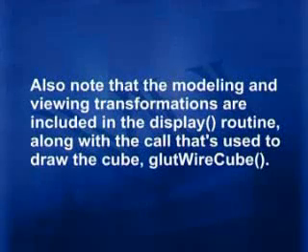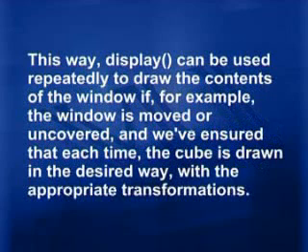Also note that the modeling and viewing transformations are included in the display routine, along with the call that's used to draw the cube, glutWireCube. This way, display can be used repeatedly to draw the contents of the window if, for example, the window is moved or is uncovered, and we have ensured that each time the cube is drawn in the desired way with the appropriate transformations.